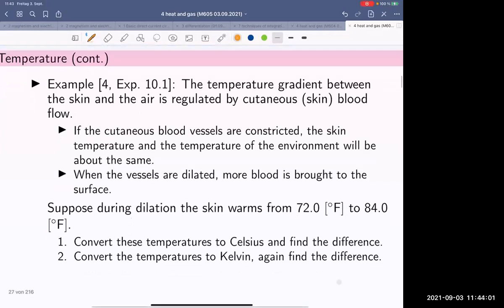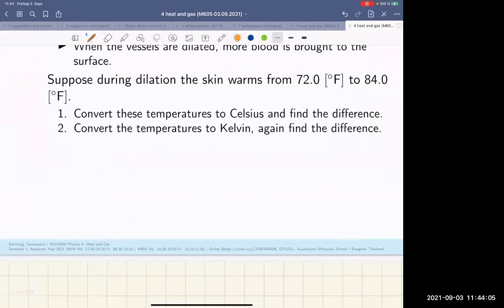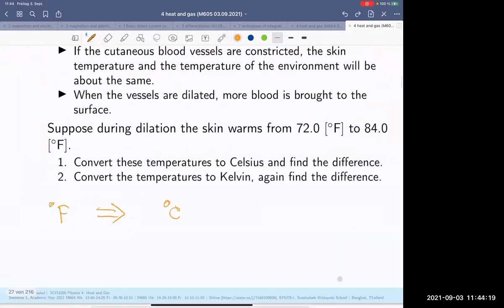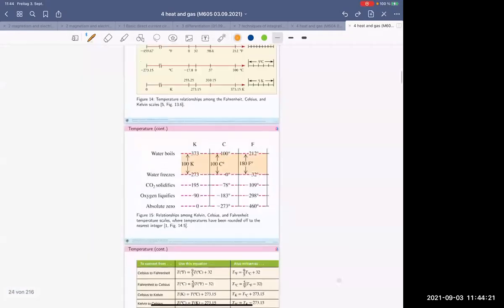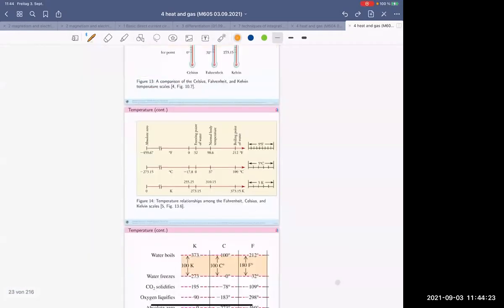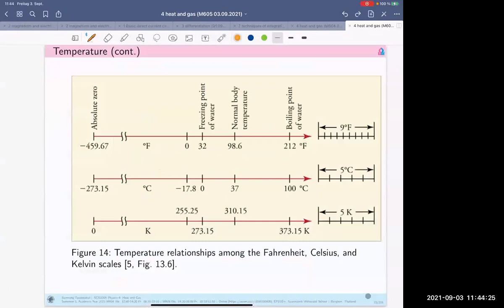We want to convert the temperature from the Fahrenheit scale to the Celsius scale. One thing I forgot to mention: the Kelvin scale doesn't require the small circle at all. K has no small circle.